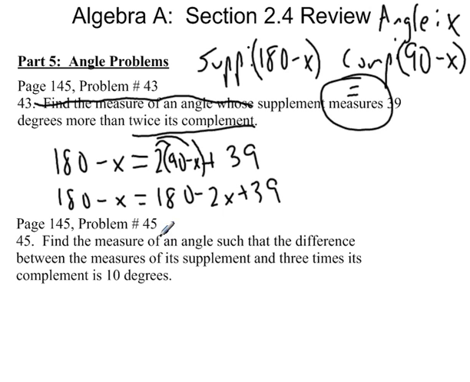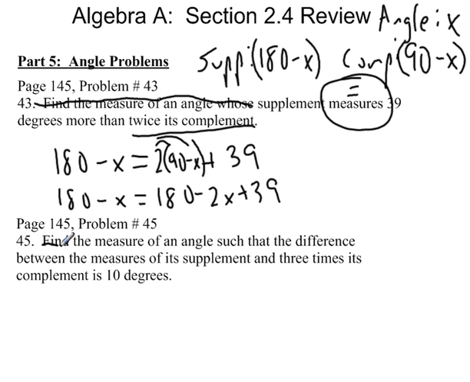Moving to problem 45 on page 145. Just a little bit more complex. Find the measure of an angle such that the difference between the measures of its supplement and 3 times its complement is 10 degrees.